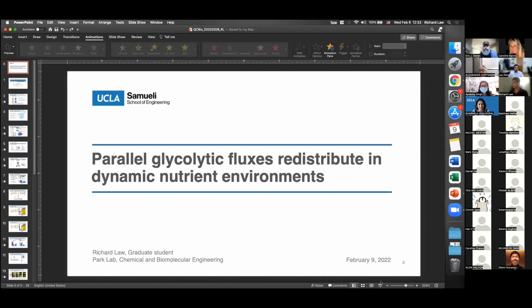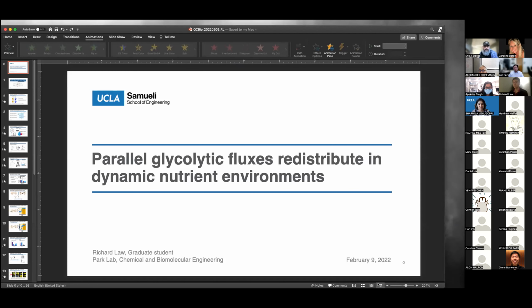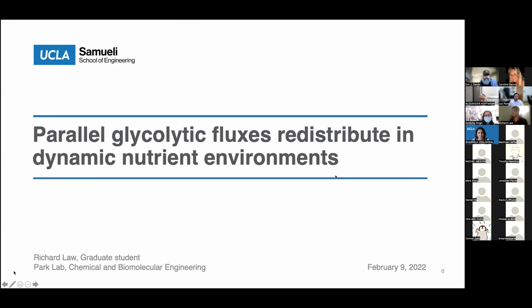Richard is a second-year PhD student in my lab and in chemical and biomolecular engineering. Coincidentally, he also did his bachelor's degree at UC Berkeley, and I'm guessing you might have overlapped a little bit, Apeksha and Richard. Anyways, Richard has worked in undergrad on analysis and synthesis of natural products from microorganisms.